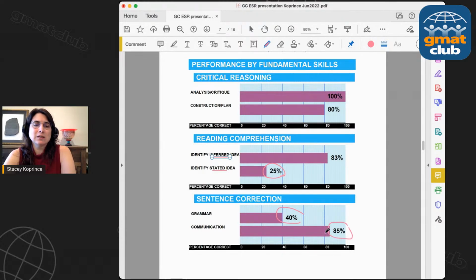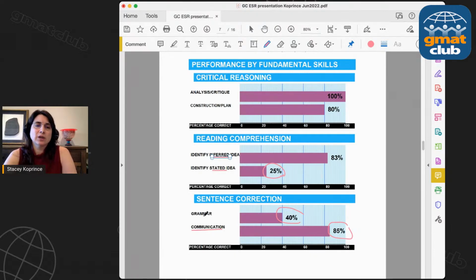And so what I would say on this one is, there's a really big difference here. Again, if we interpret this as meaning, it looks like this person is fine when the issue in the sentence has to do with an illogical or an ambiguous meaning or something like that, but is struggling more when it gets down to the nitty gritty grammar rules.